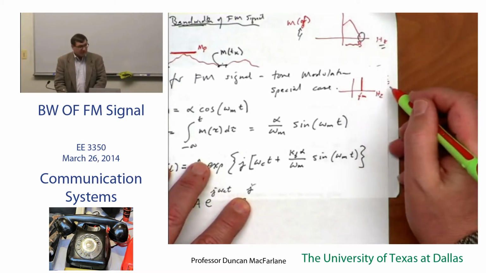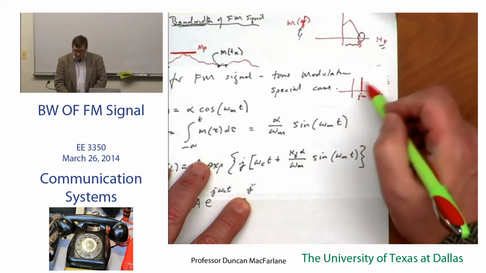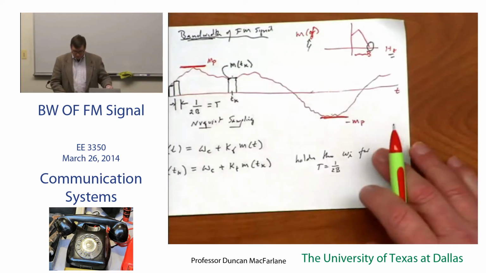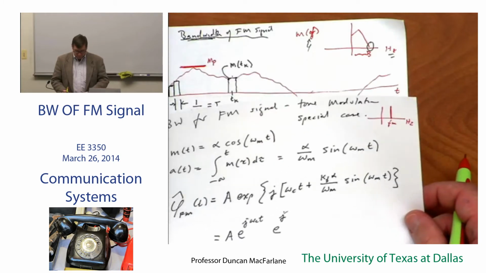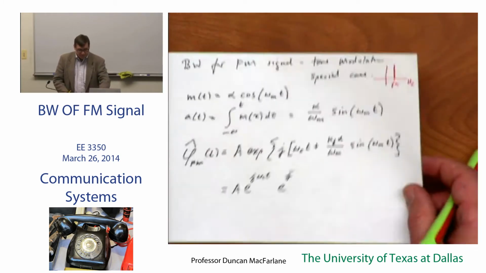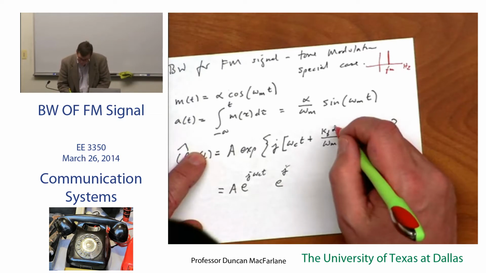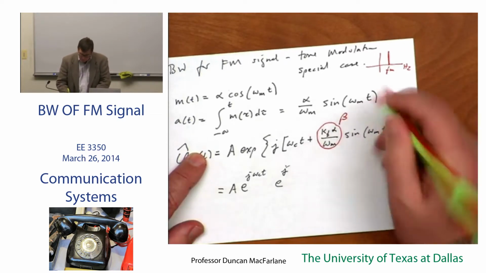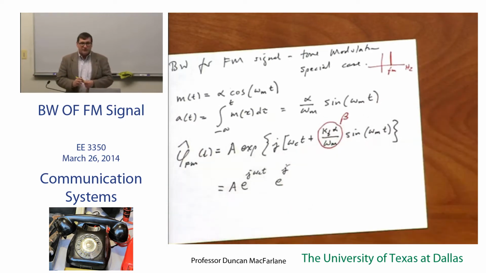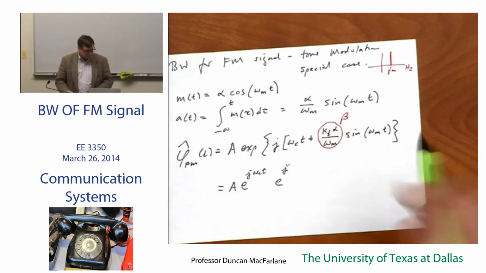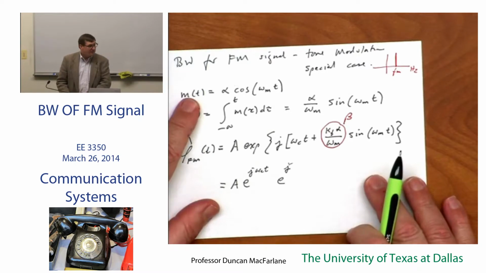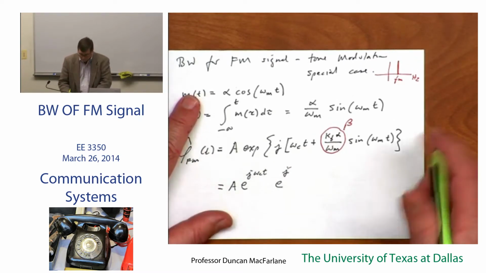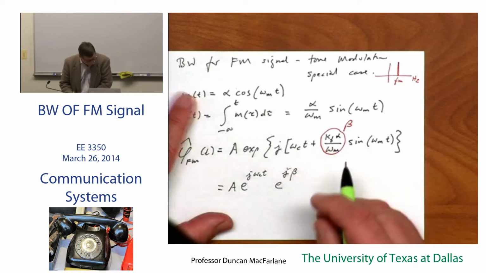So if there's nothing to the north of that, that's the limit of my bandwidth. So 2 pi times that modulation frequency, that's absolutely my deviation ratio beta. Pretty, isn't it? I like the fact that there's not a factor of 2 or 7 or anything like that in there. It just falls out nicely as a beta.